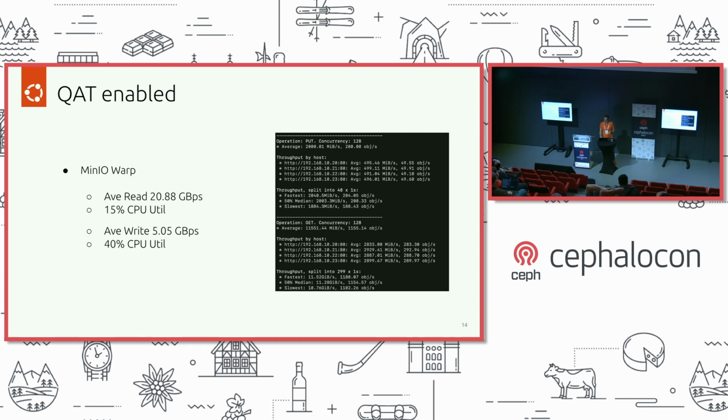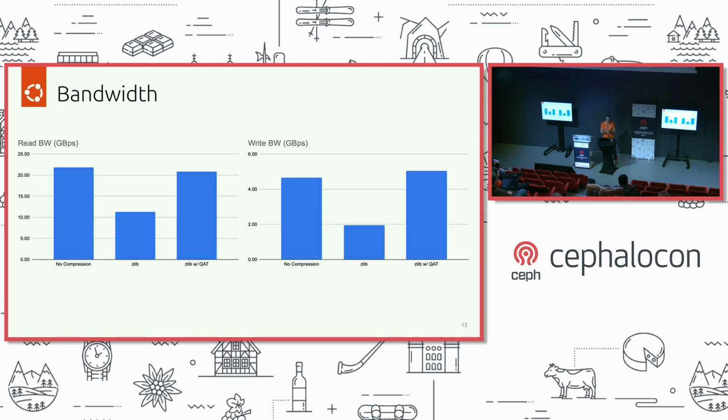So in graphical form, over on the left there, the read bandwidth with no compression, that 22 gig number. We can see with the zlib algorithm, obviously there's that drastic drop with no QAT. Turning QAT on, we go back to what's normal. On the right side of things, you can see that same pattern again with a slight increase for the writes.